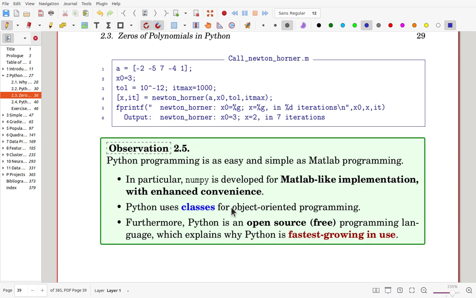And NumPy is the background for SciPy. Also, Scikit-learn is using NumPy, so NumPy will be used very extensively, and NumPy is quite similar to MATLAB implementation.